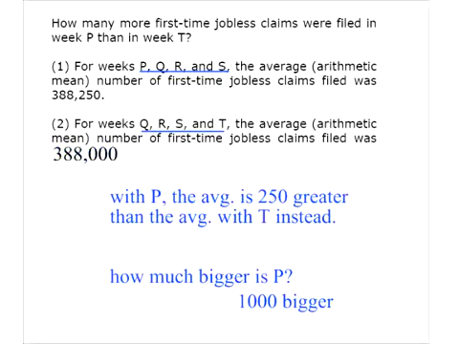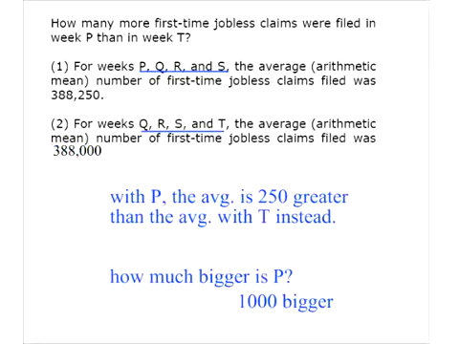So my point being, if the only difference between this is P and T, and that change is making the average go up by 250, it really tells you that P is 1,000 bigger than T. Because since there are 4 data points, that 1,000 will only change the average by 250. The simple number I had accidentally misread statement 2 as saying this, Maria.